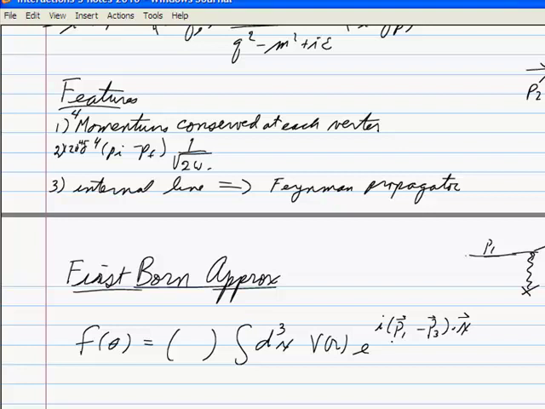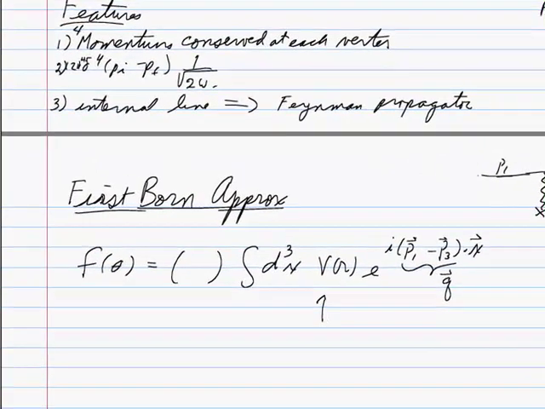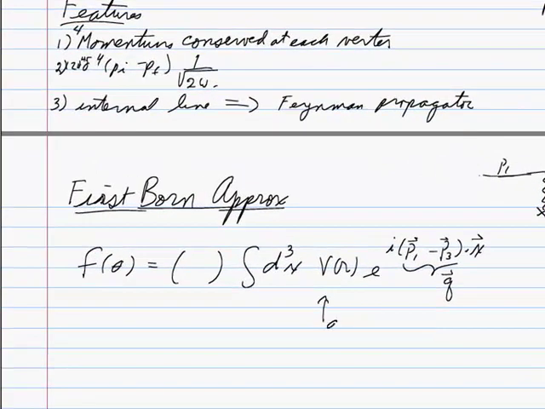This is the guy that we'll call q vector. And if we're doing it scattering off of a proton, V would be the charge on the electron, the charge on the proton, over 4 pi r.